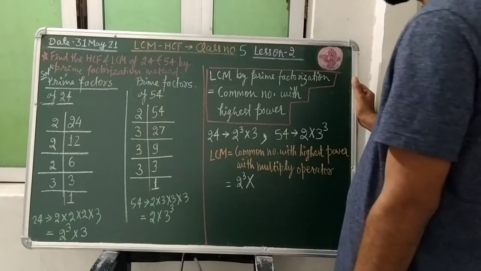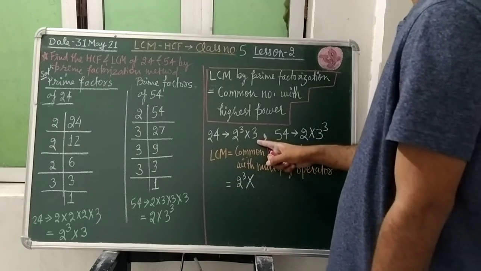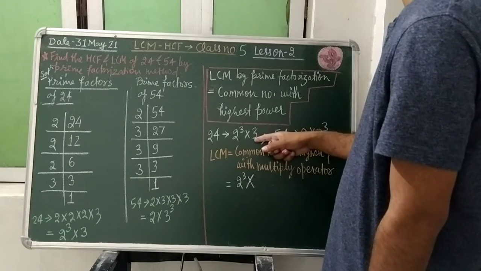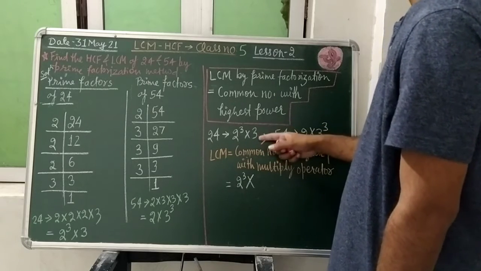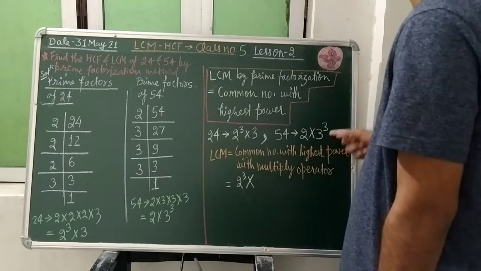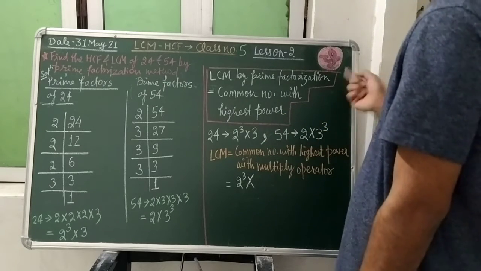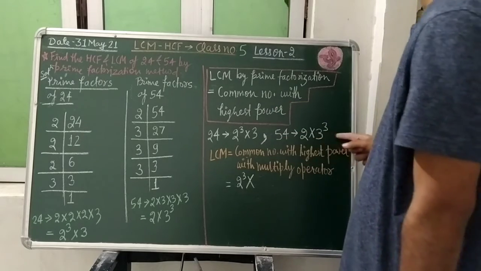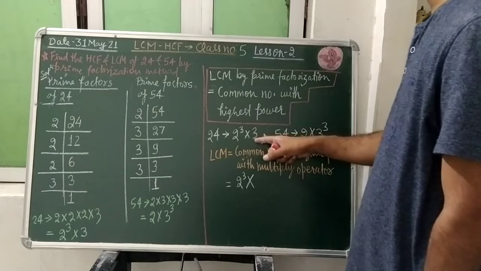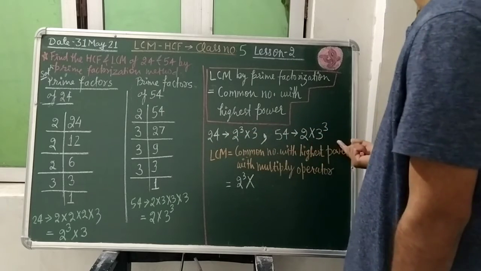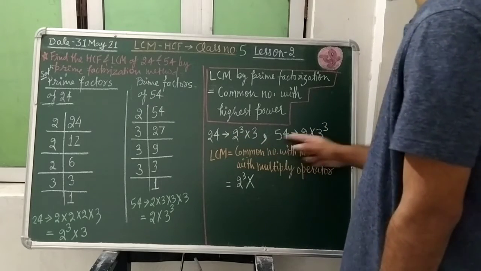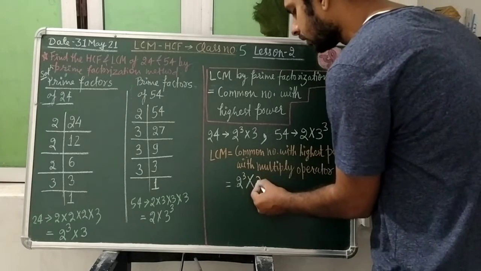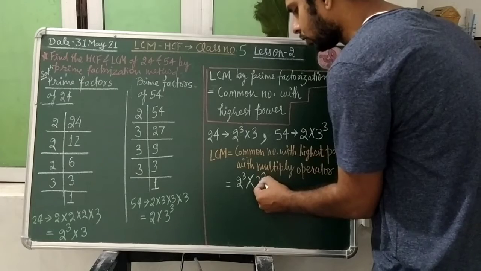Multiply. Next number is what, students? 3. Here 3 has the power 1, here 3 has the power 3. So for LCM, we shall write the common number with highest power. Here 3 is common, present in 24 as well as in 54. So 3 is common, but the highest power is 3 to the power 3. So that is right here: 3 to the power 3.